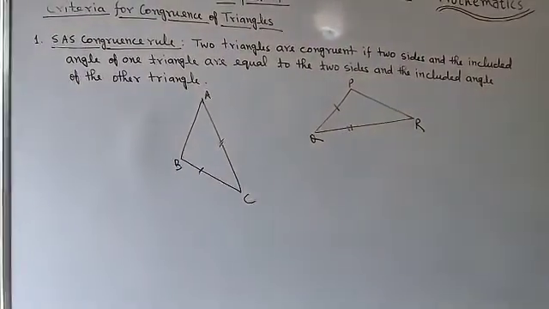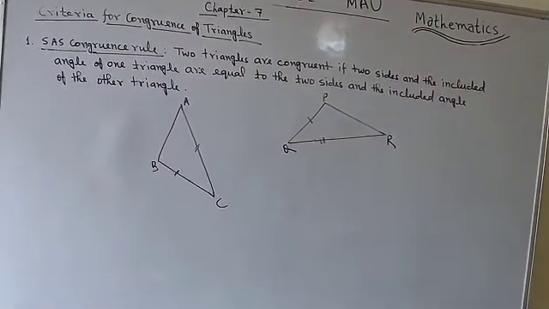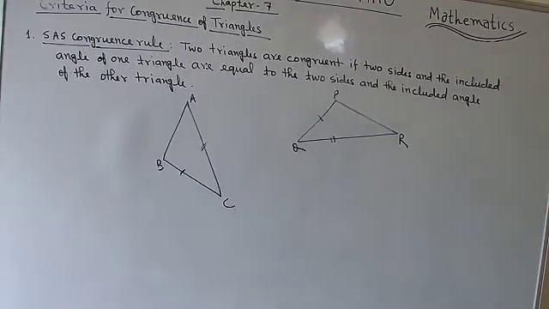You are given that BC equal to PQ and AC equal to QR.